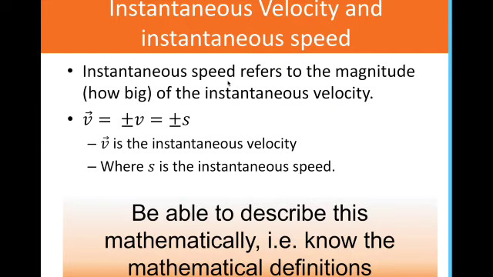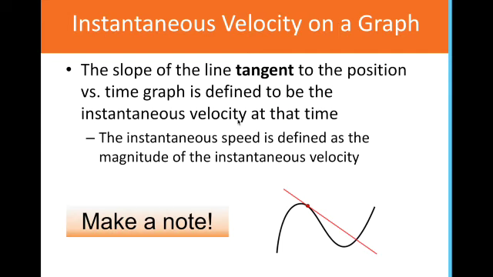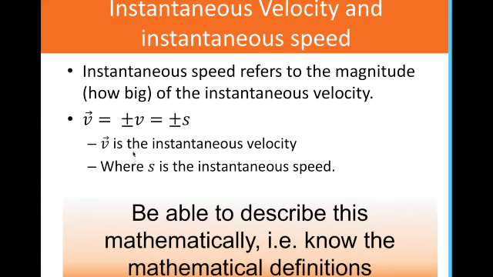Now we already said in the previous slide that the instantaneous speed is defined as the magnitude of the instantaneous velocity. So the magnitude, once again, the magnitude. That's because your instantaneous velocity, like your average velocity, is a vector. So it's got a size and a direction, a magnitude and a direction.